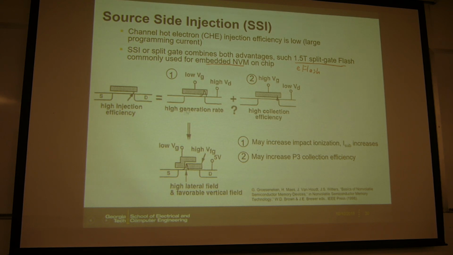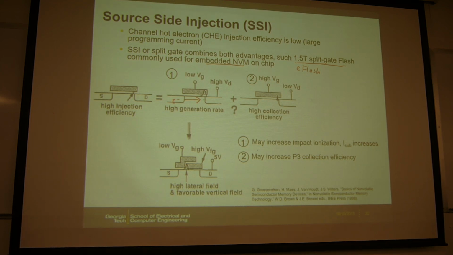Look at this schematic here. The problem here, we want to improve the efficiency. But if you look at how the electron gets into the floating gate through the channel hot electron mechanism, actually there are two steps. The first step is the electron gets accelerated along the channel.